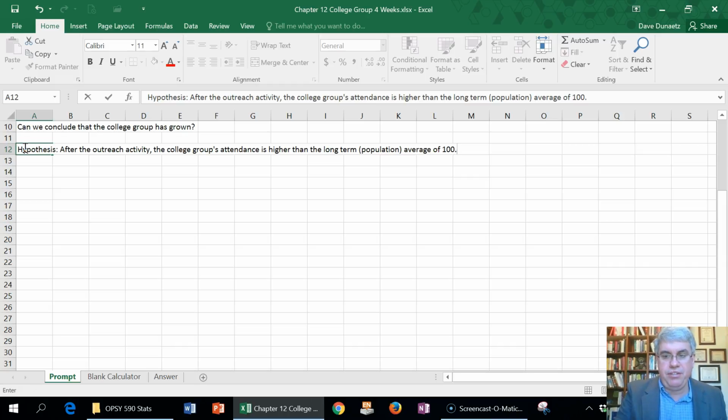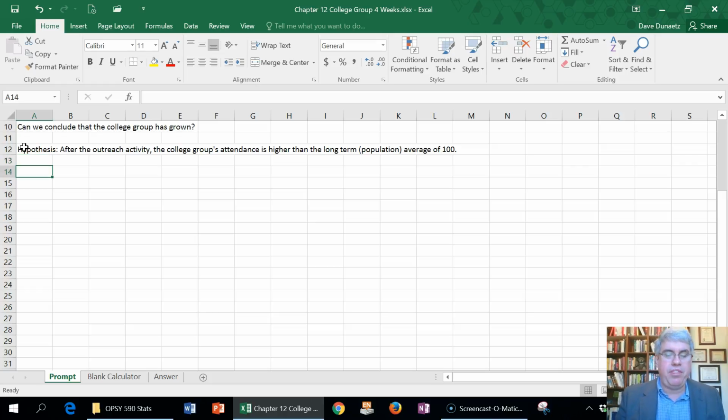So we're hypothesizing that it's bigger now, that it's gone up. And the way that we're going to do that is with a z-test, where we compare the mean of our sample to the long-term population mean.